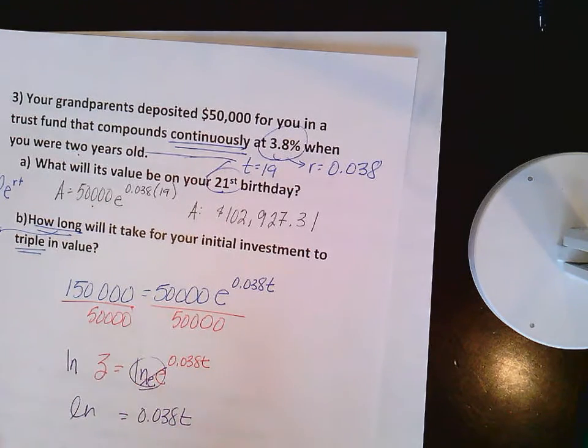I'm going to divide by 0.038. When I take the natural log of 3 divided by that, I get T equals 28.91 years. So not very much longer, and it'll triple.